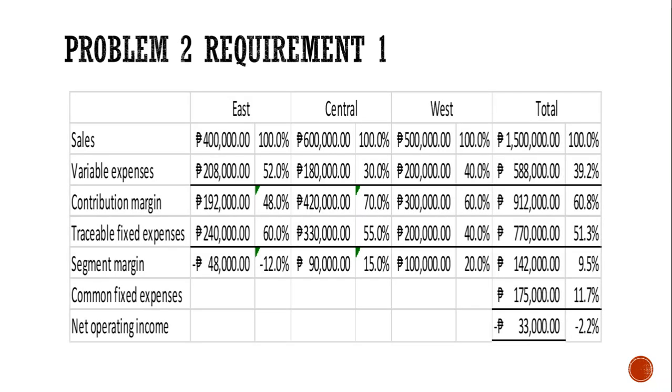So, the first requirement, we are asked to prepare an income statement segmented by geographic market as desired by the president. So, here is my output.